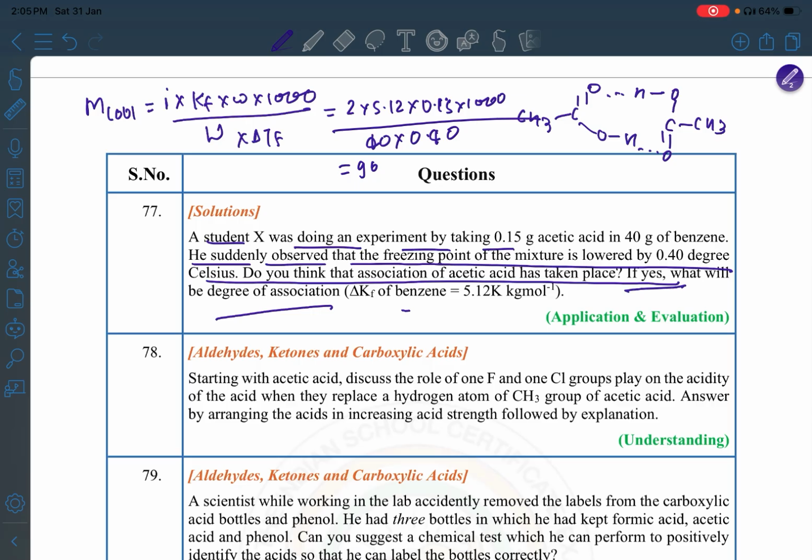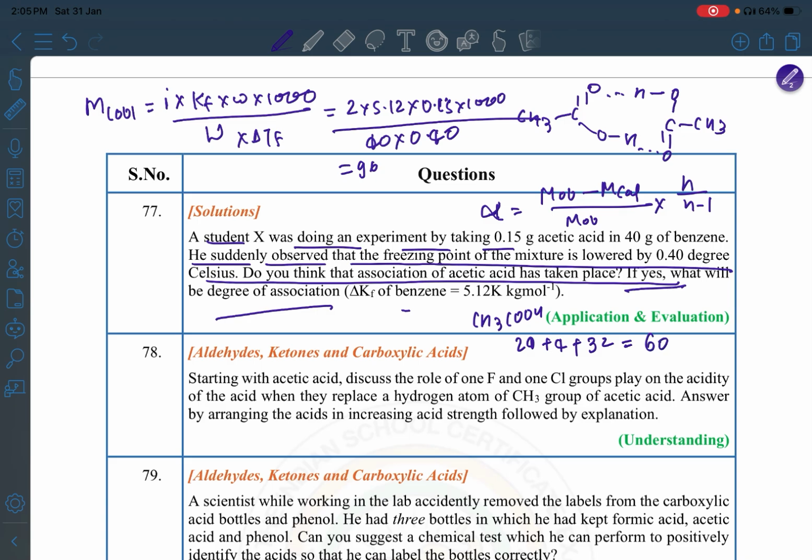Now let's calculate. So alpha is equal to molecular mass calculated minus molecular mass observed, divided by molecular mass observed, multiplied by n by n minus 1. Okay, so the calculated molecular mass of CH3COOH is 24 plus 4 plus 32, then it is 60.